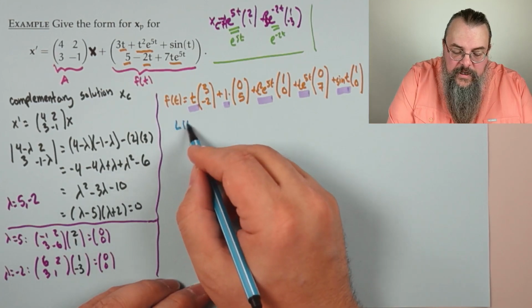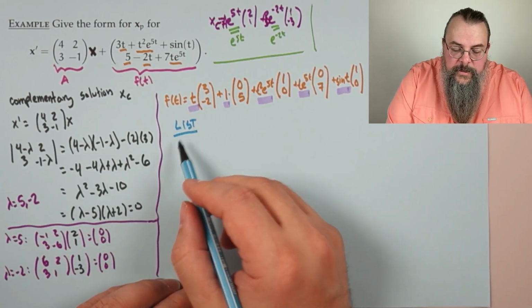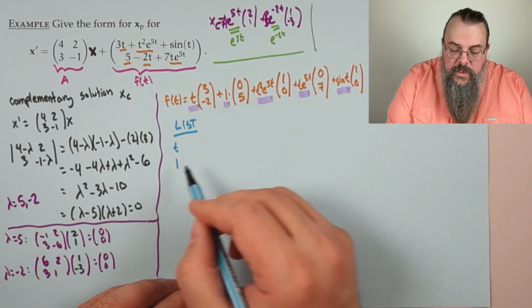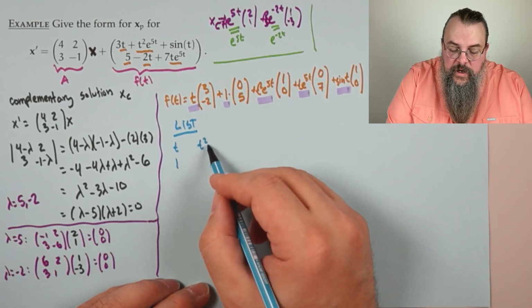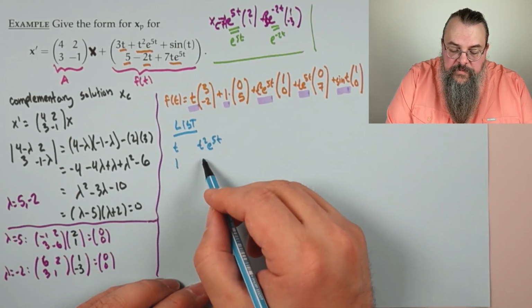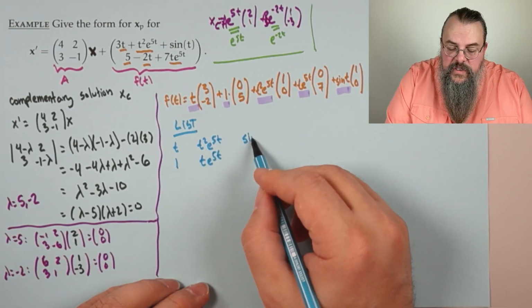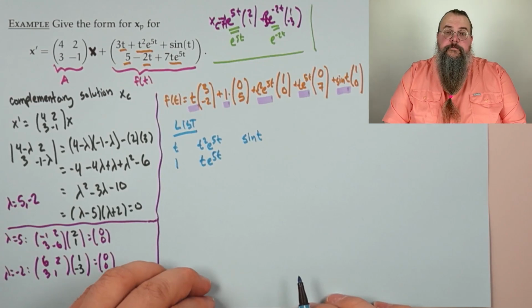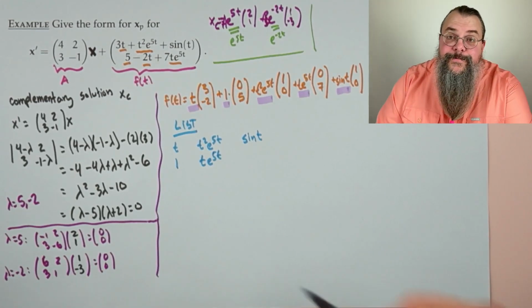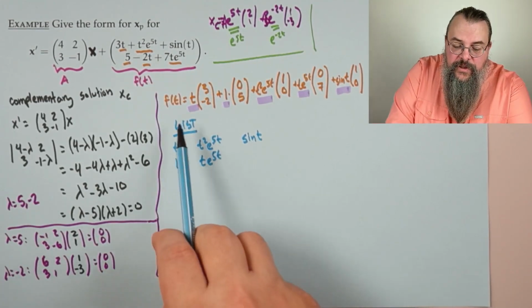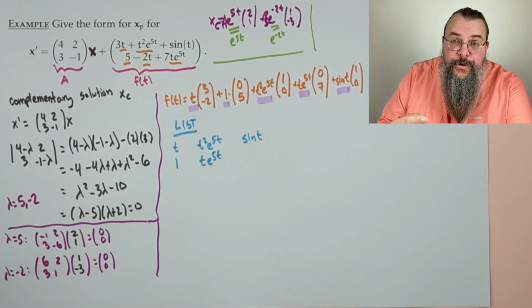Okay, good. So here's our list. I'll put t and 1. I'll put our t squared e to the 5t and t e to the 5t. And we'll put our sine t. All right. Now, after you make your initial list using f of t, you go through the process.